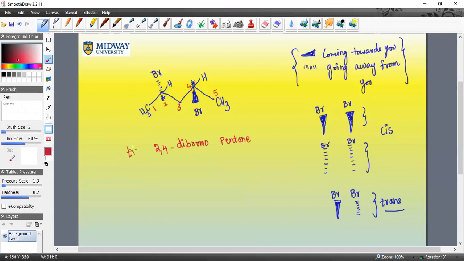So it's trans 2,4 dibromopentane, and this is a chiral molecule because it contains 2 chiral carbons. As I said, whether it contains 1 or 10, if it contains a chiral carbon, it's a chiral molecule.